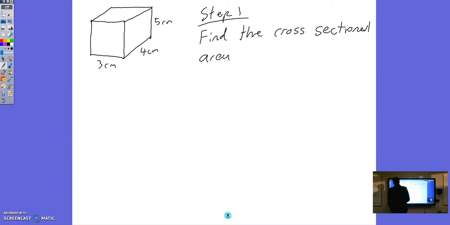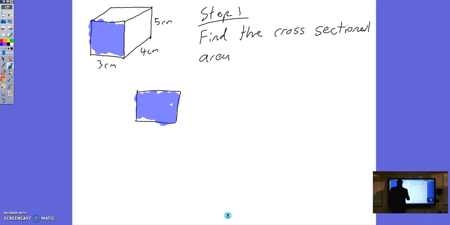Now, what that means is that if I was to cut this shape, so say I cut it right along the middle, all right, I would get a square. If I cut it anywhere else, I would still get that same square. So the square that I am looking at is this square right here.